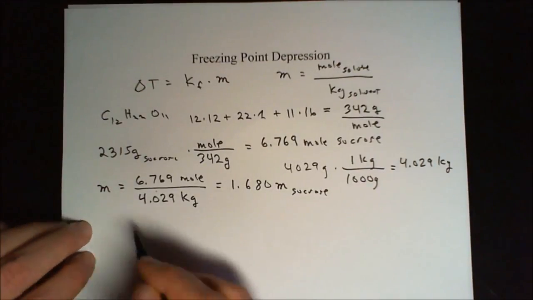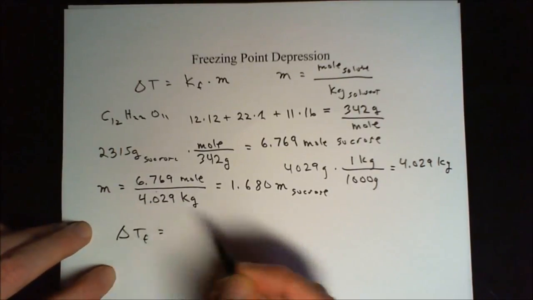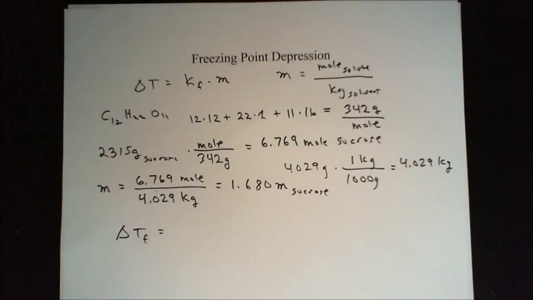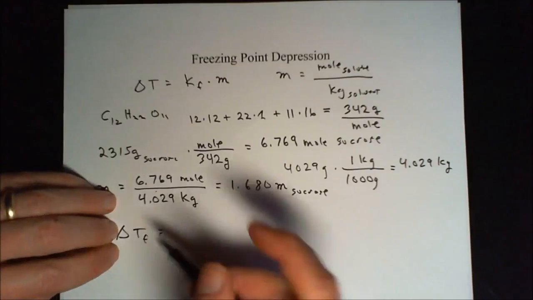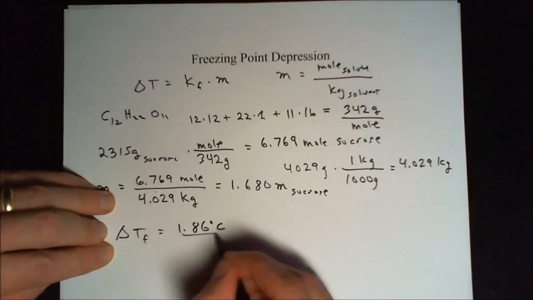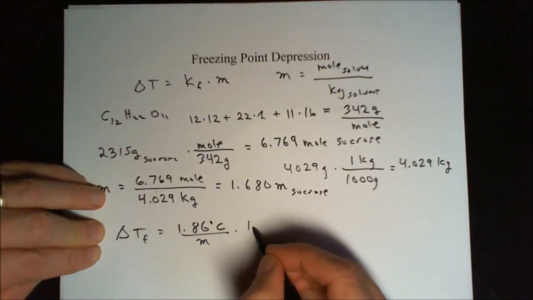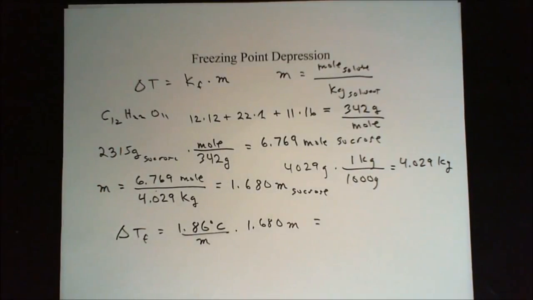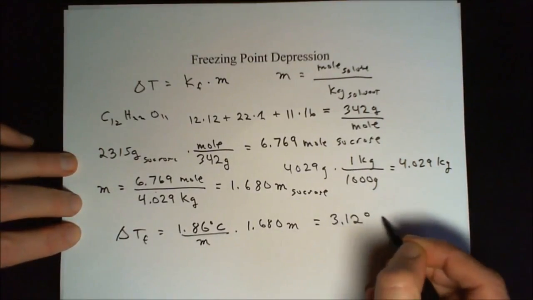And now we're almost done. And so our delta T for freezing is equal to our KF, which we've already looked up, and it is 1.86 degrees Celsius per mol times the molality that we have found, and we get 3.12 degrees Celsius.